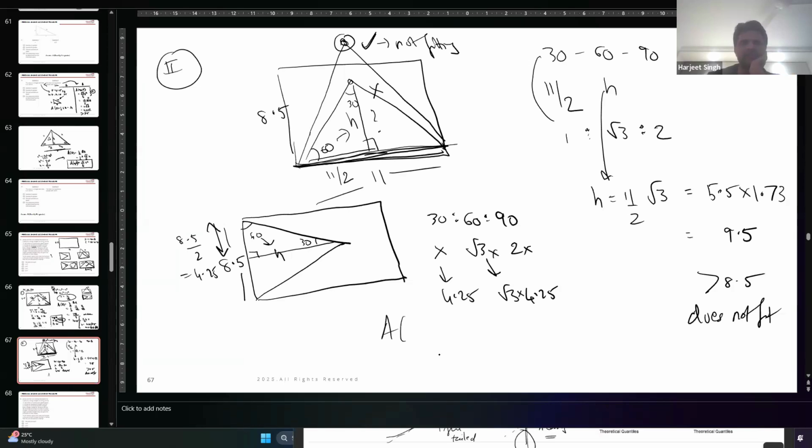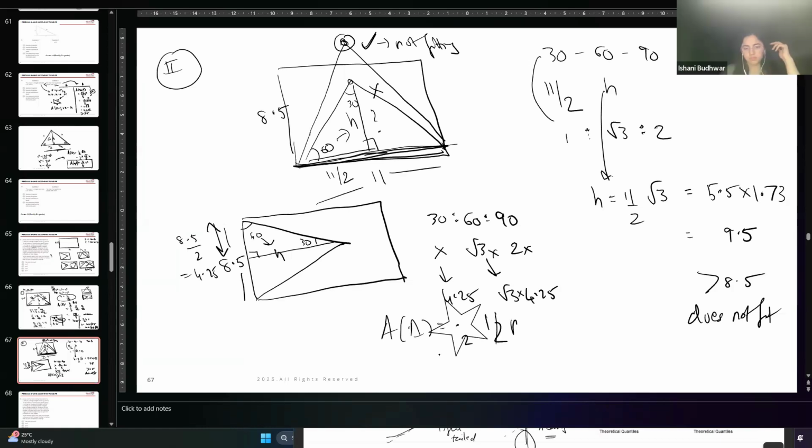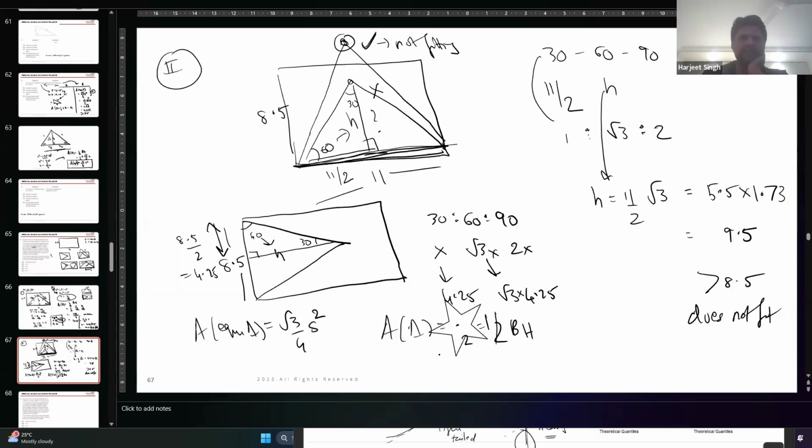And hence the area of the equilateral triangle. So this is one way. The area will be equal to half into base into height. The other way is directly using the area of an equilateral triangle formula: root 3 by 4 into side square. You know the side is 8.5. So I think that is better.